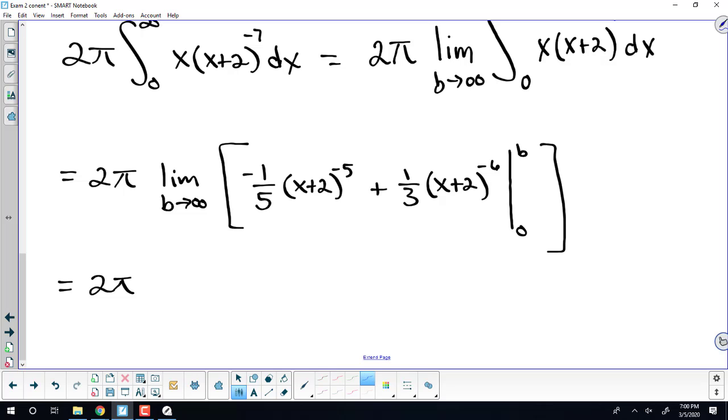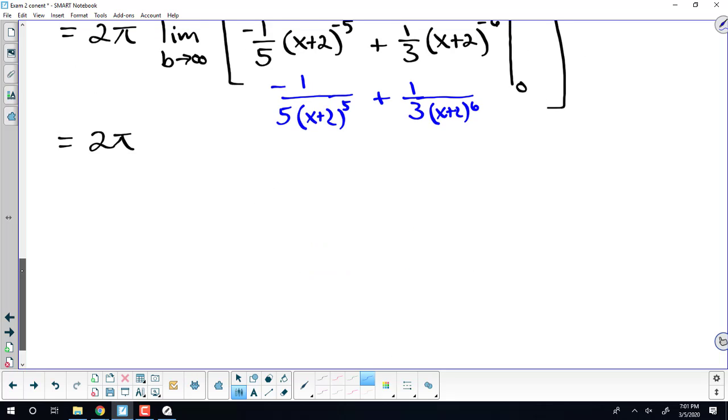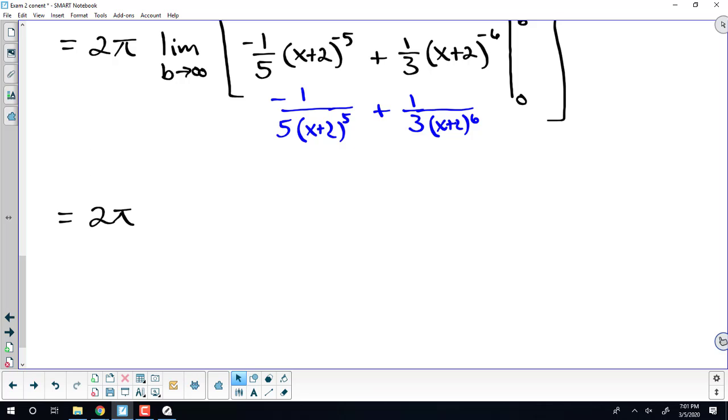And maybe since we're gonna plug b in and allow b to go to infinity, you can think of this as 1/5 times x plus 2 to the 5th. And the same thing over here, this is 1/3 of x plus 2 to the 6th on bottom. So I guess we'll just plug this in. Plug in our b. Plug in our b.